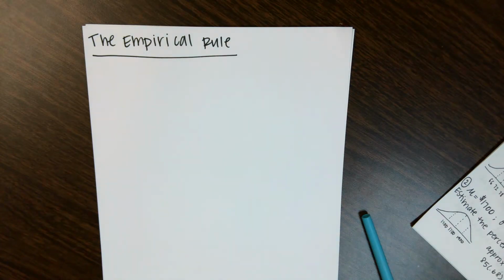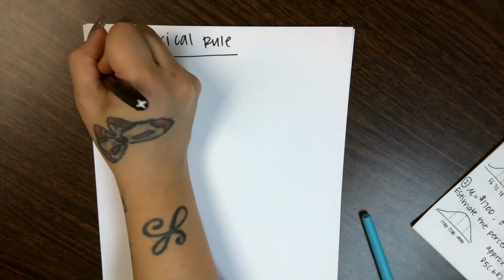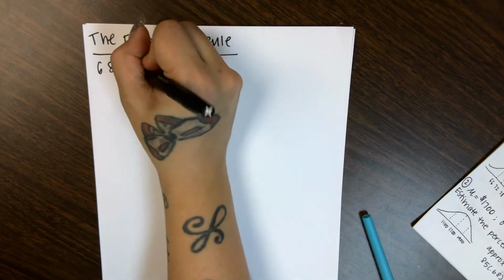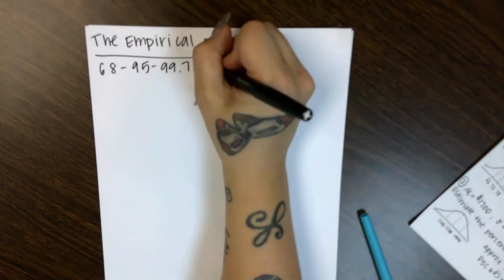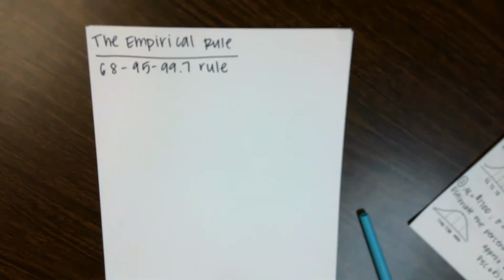Okay, the empirical rule. This is known as the 68-95-99.7 rule.